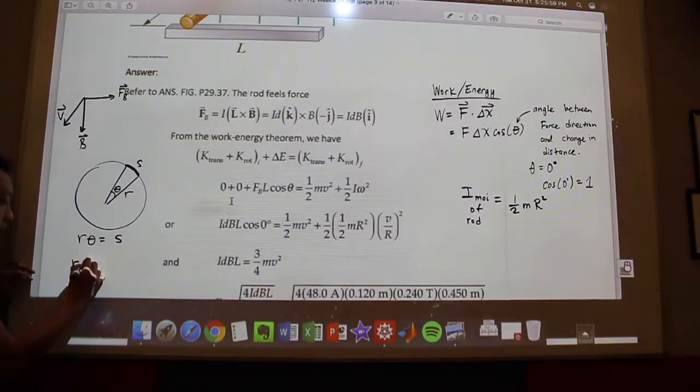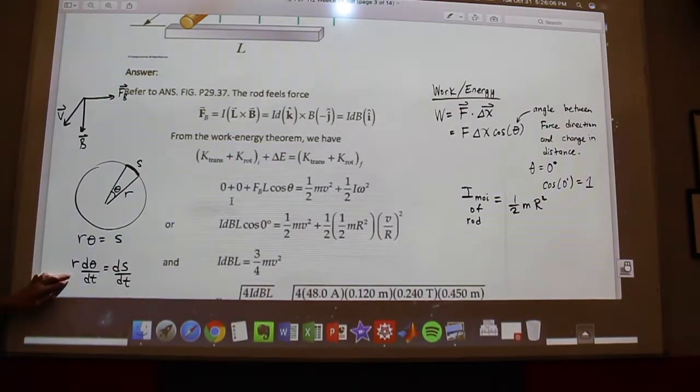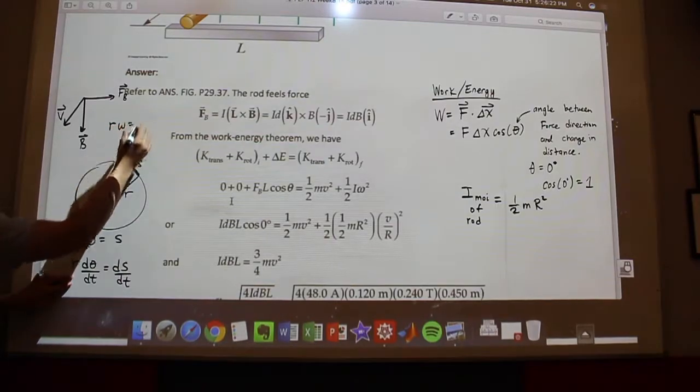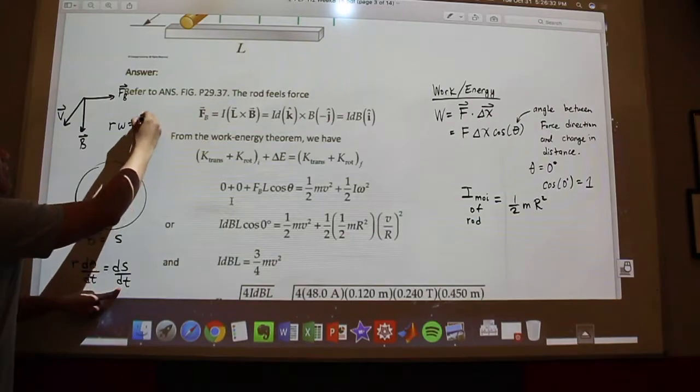So I have r d theta dt equals ds dt. There it is. d theta dt is omega, the change in angle with respect to time. How fast the angle changes is what omega is. So we get that r omega equals ds dt. What's that? That's the velocity along the circular path. So ds dt is the tangential velocity.